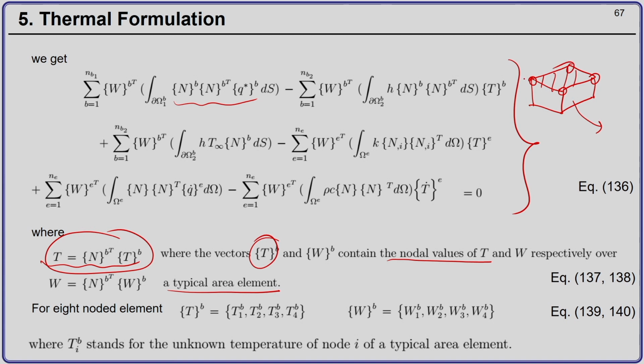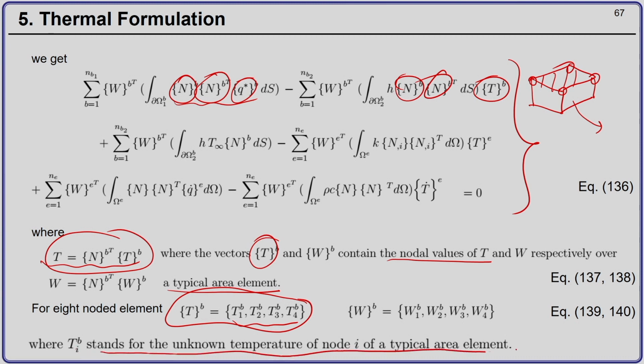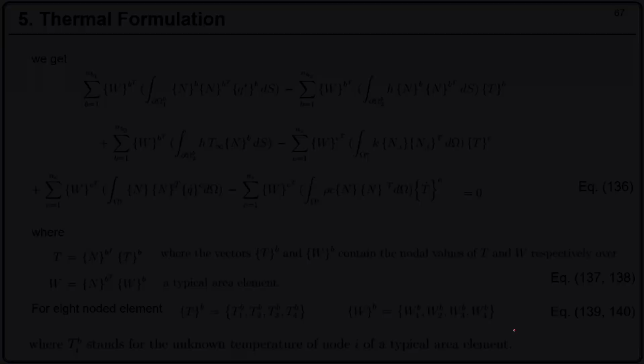Therefore, the boundary temperature will consist of only these 4 nodes. All this here represents the boundary, and T_iB stands for the unknown temperature of node i on a typical area element.